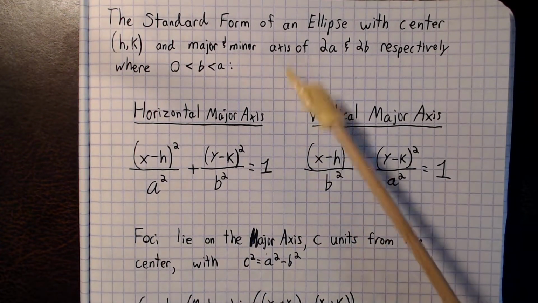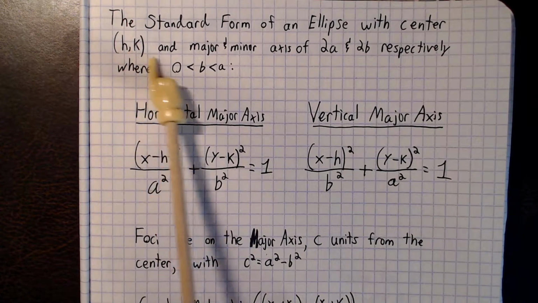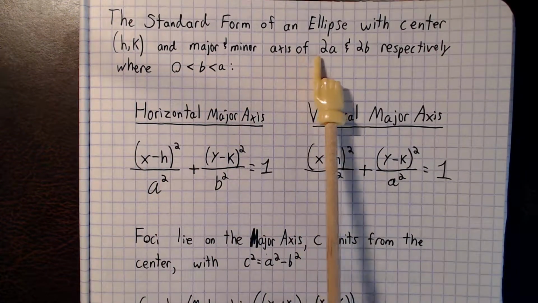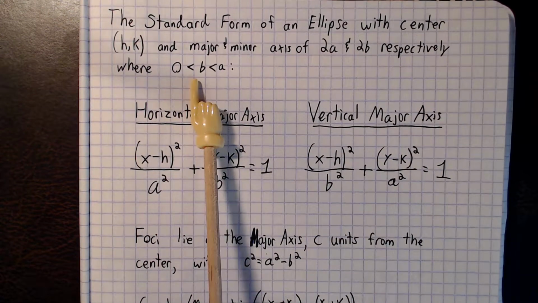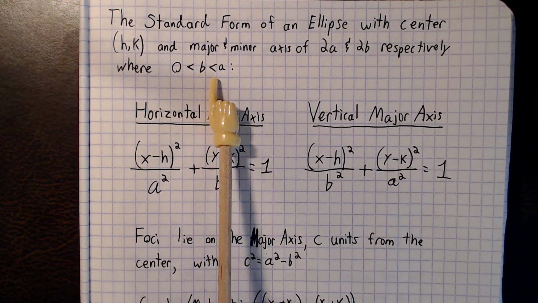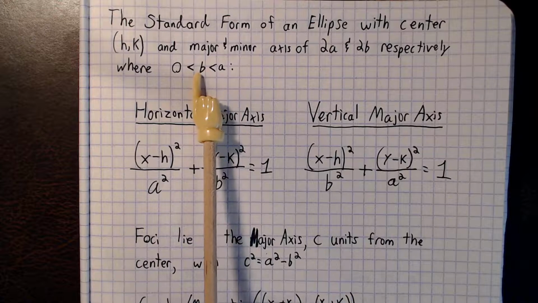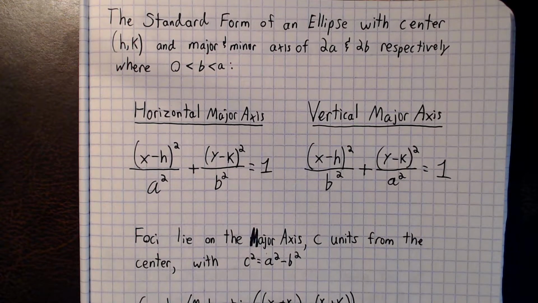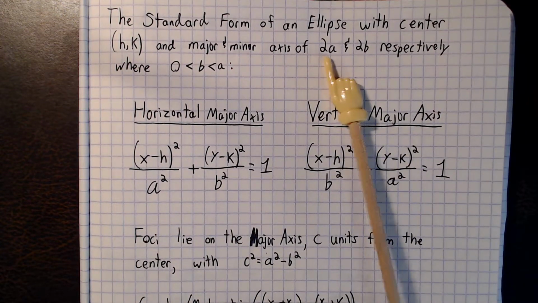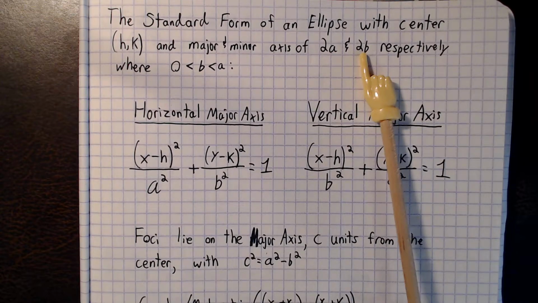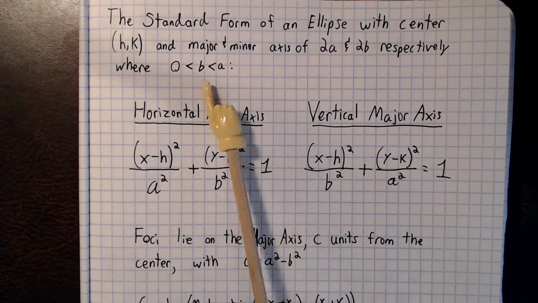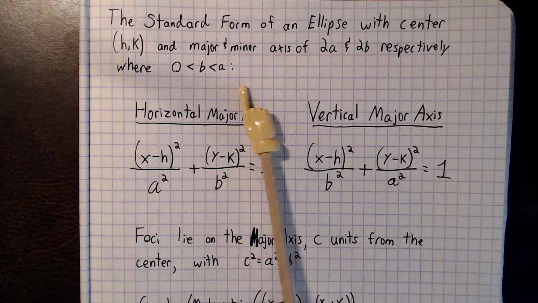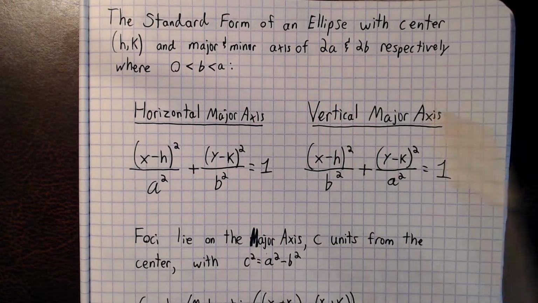The standard form of an ellipse with center h, k and major and minor axis of 2a and 2b respectively, where 0 is less than b, which is less than a, meaning that our b value has to be less than a. Where is this 2a and 2b coming from? Remember, a is going from the center to the edge, but if we want the full axis, it's going to be twice that length. That's where the 2a comes from.